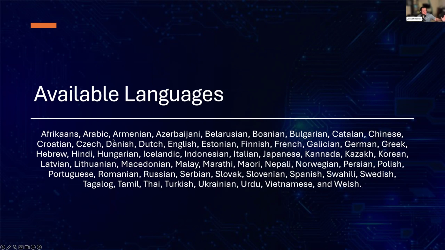I didn't want to make a bullet list for this, so I just copied the paragraph. I'm just going to dwell here a little bit so you can see if your language is available there. This is certainly more language availability than the original text to speech model.